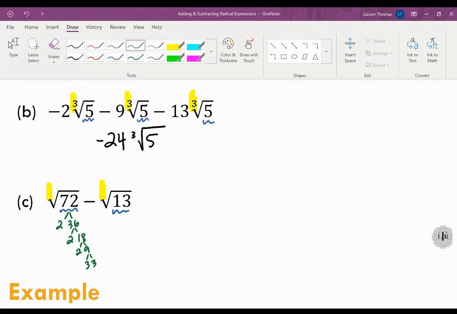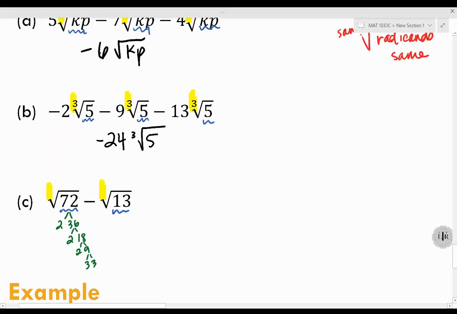So we have a pair of 2's here and a pair of 3's here. This 2 is alone, so it has to stay underneath. When I go to write my answer, I multiply my pairs together. So I have 2 times 3, which is 6, on the square root of 2, because that 2 had to stay behind.